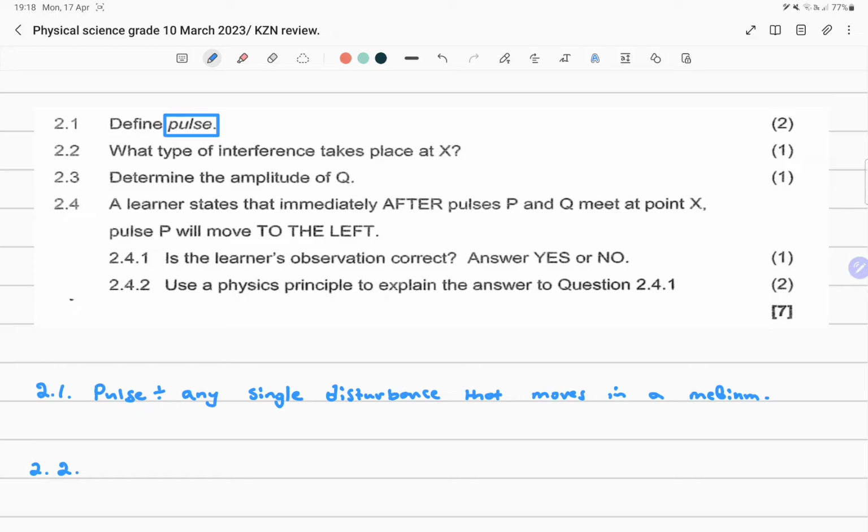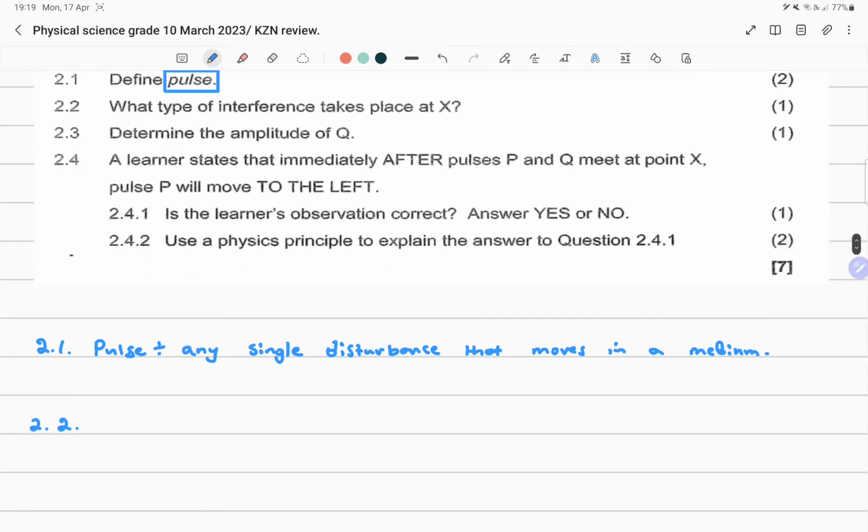Now there's two forms: constructive, when they're in the same direction, meaning they'll result in a bigger wave or a bigger amplitude, which would be the addition of those two together in the same direction. But when they are perhaps of equal magnitudes but in different directions, then they will take each other to zero, and that's what we call a destructive interference.